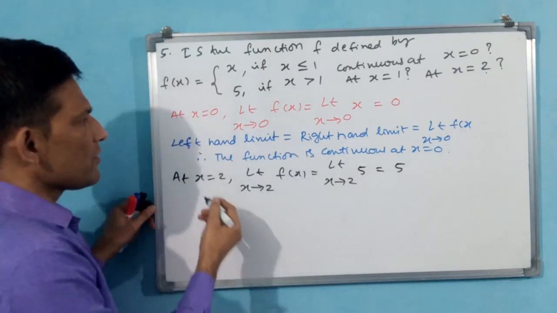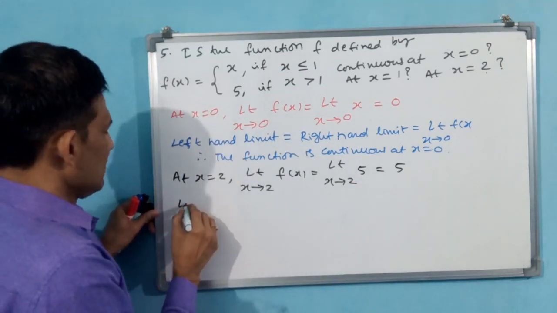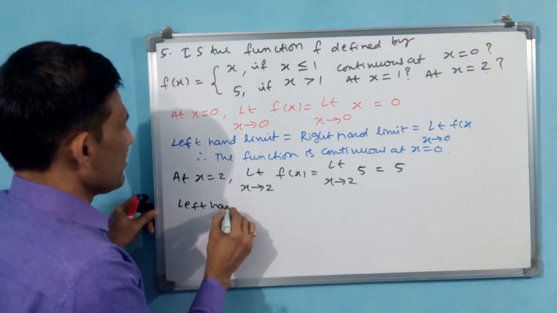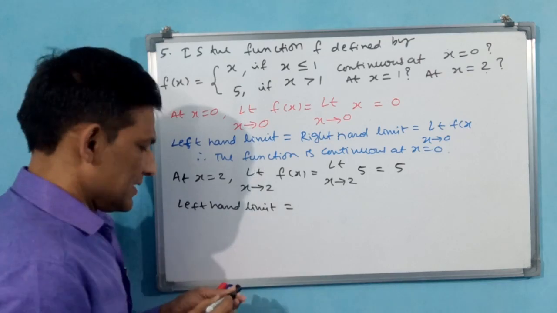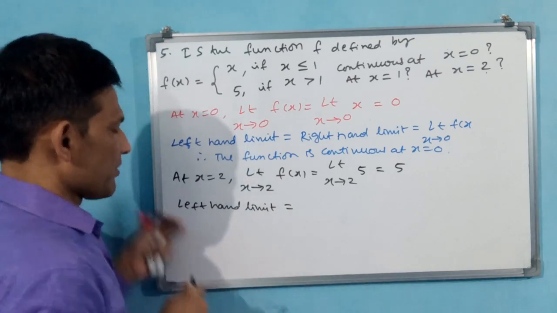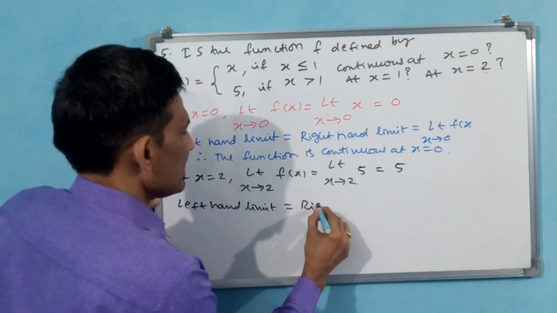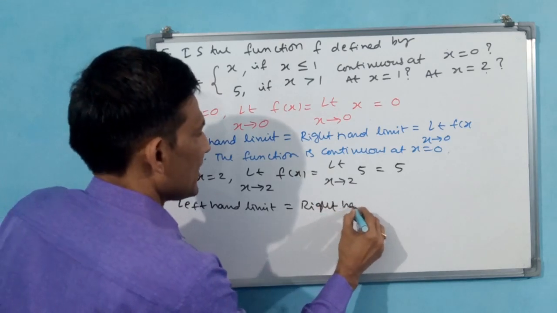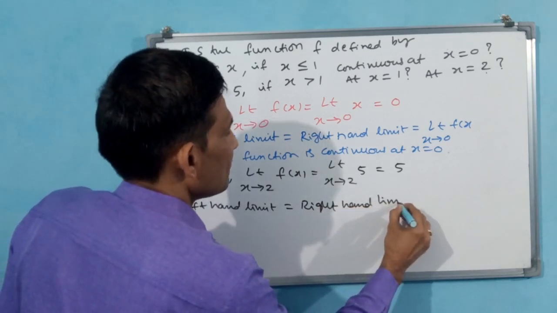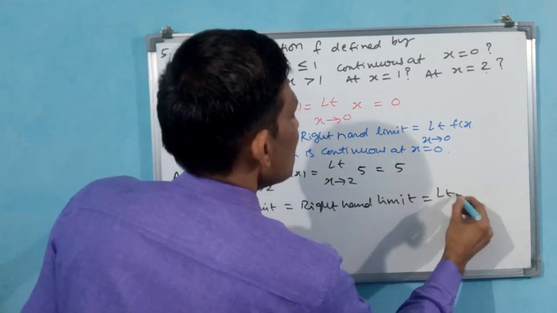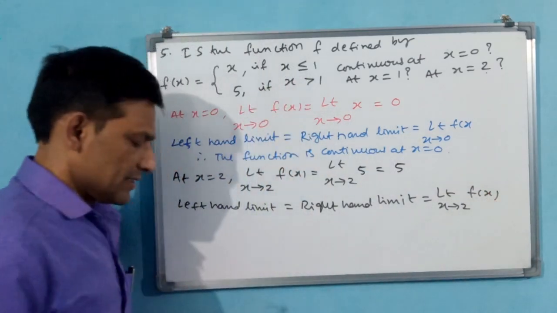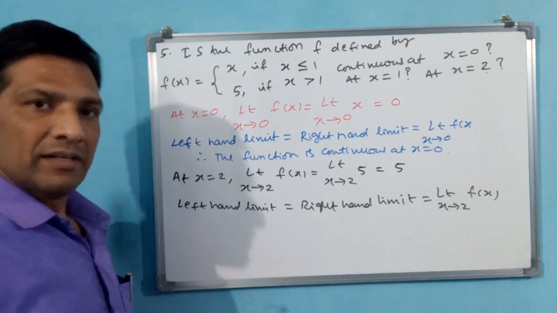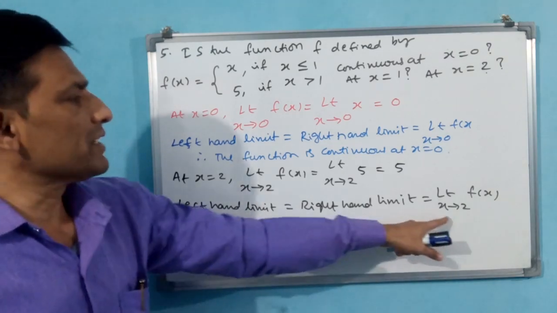That is why what you have to write? You have to write like this. Left hand limit is equal to right hand limit is equal to limit extends to 2 of f of x.